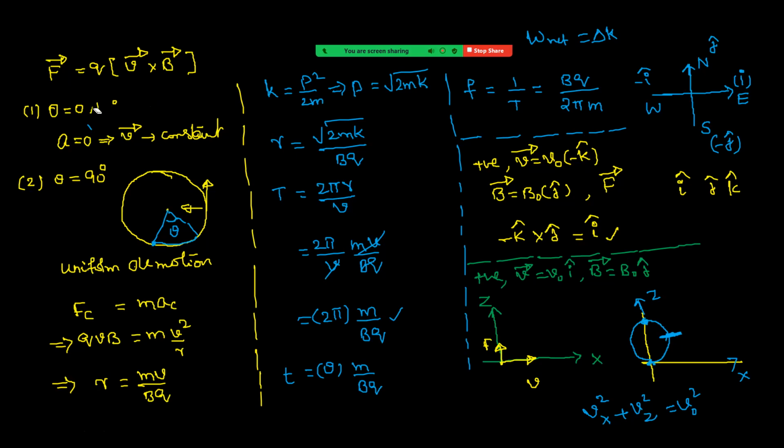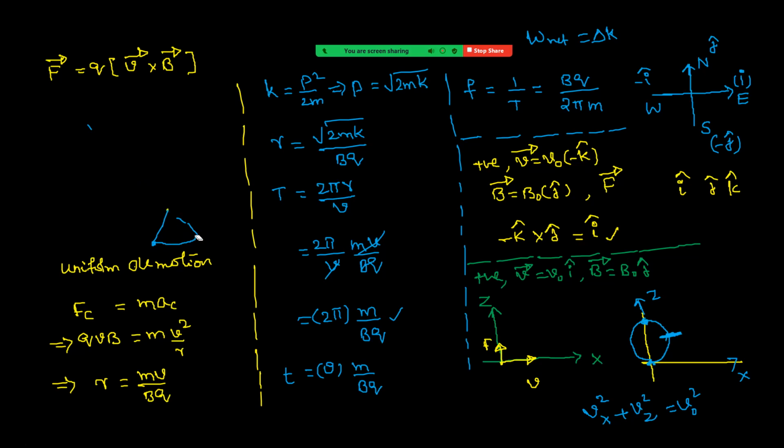If angle is not equal to 0, not equal to 90, and not equal to 180, then what is the path followed by the particle? Let us focus now on that.